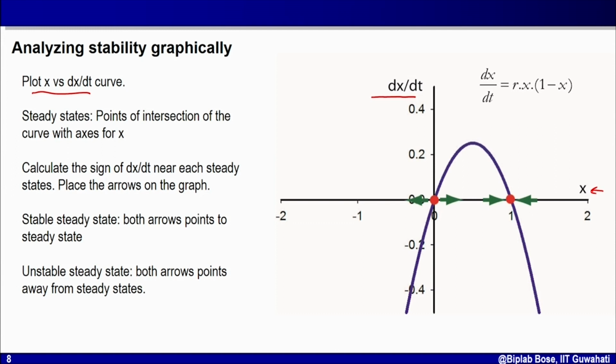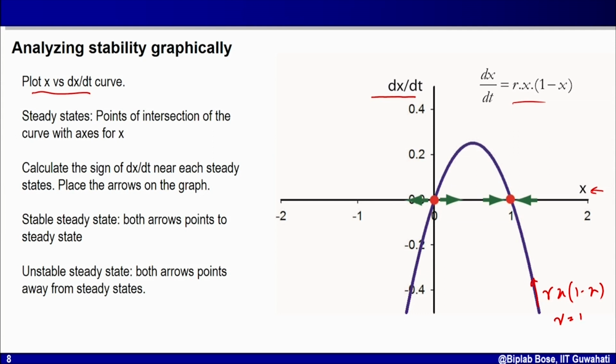So now in this plane I can draw the ODE, that is dx dt equal to r into x into 1 minus x. So this is the function of x. So I can plot it. The plot I have shown, this blue line, is this curve. So this is nothing but r into x into 1 minus x, where r equal to 1. I have taken r equal to 1 to draw this one.